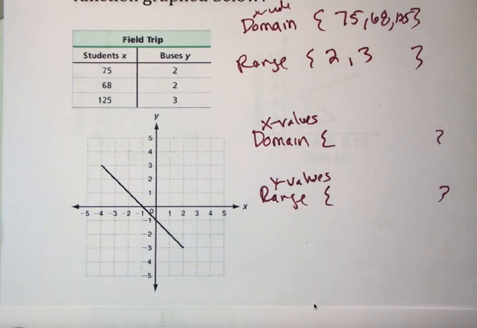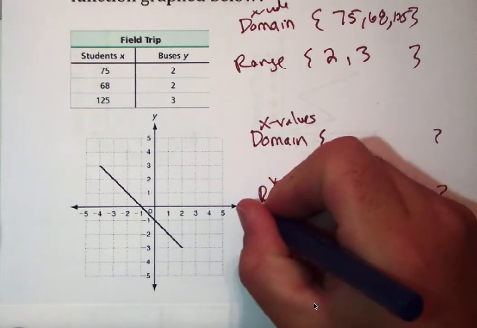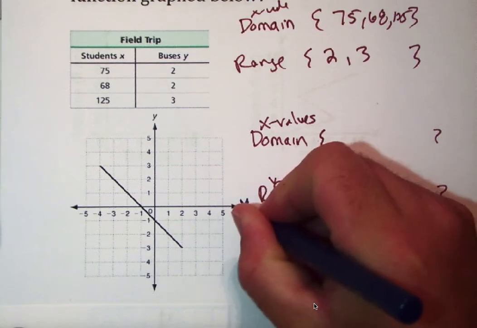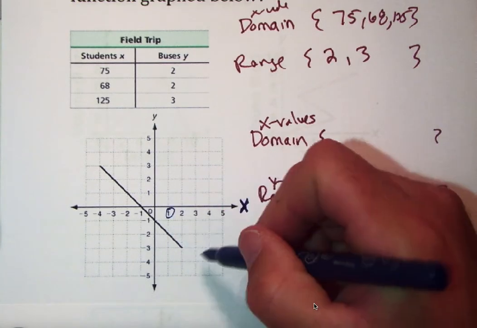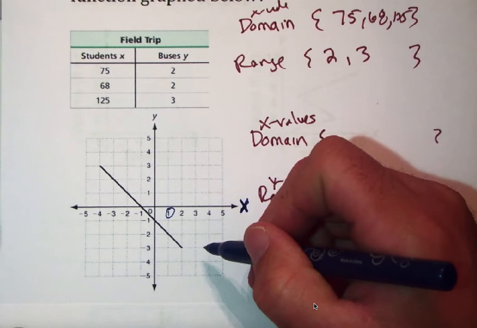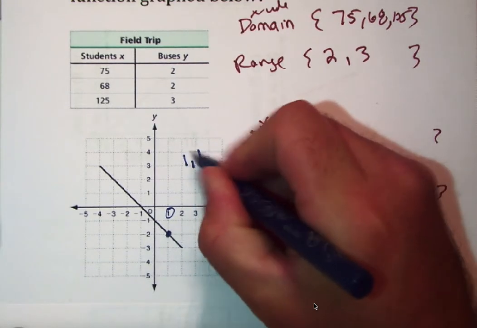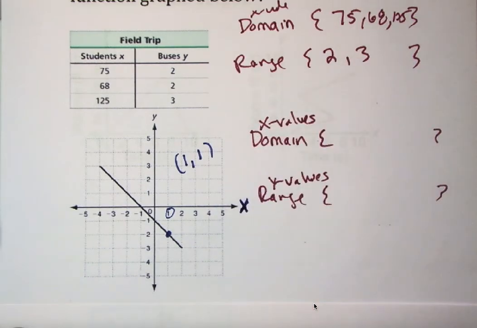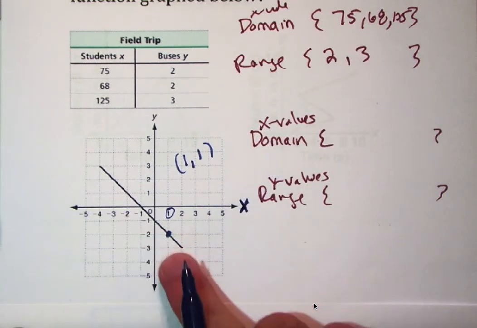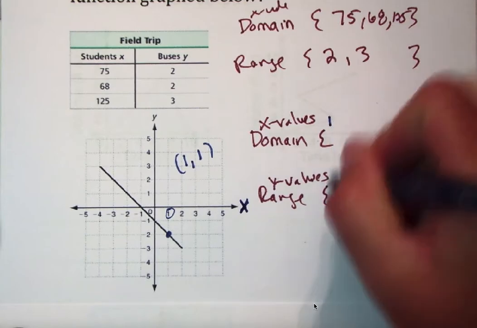Well, was there a number used to make this graph, like an x value? Here's x, right? Was 1 used to make a point on the graph? Yeah, boom, right here. So the point 1, 1 is part of the domain and range. Cool, so I'm going to put 1 here and 1 here.